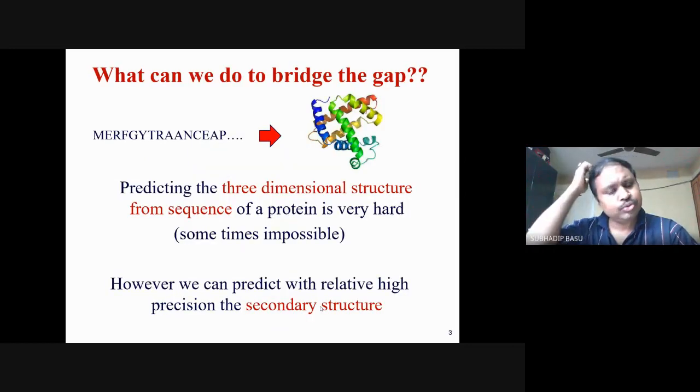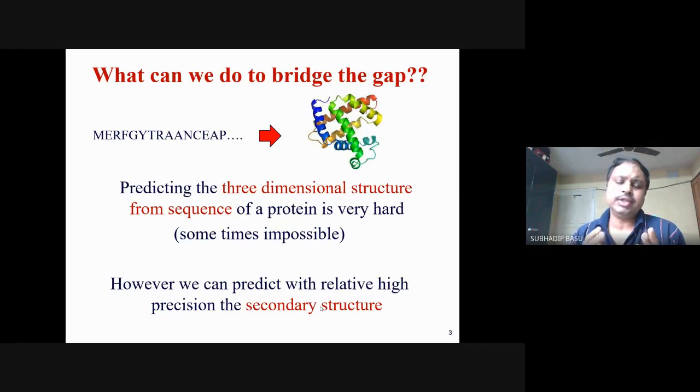As we discussed, there is an increasing gap from sequence to structure. What do you mean by that? We have this sequence information, which is most popularly represented as one-dimensional arrays of amino acids. There are 20 different types of amino acids that we have already discussed, and they can be represented as different types of structural units.